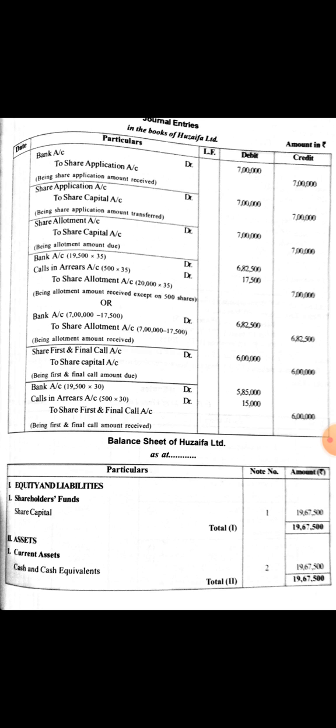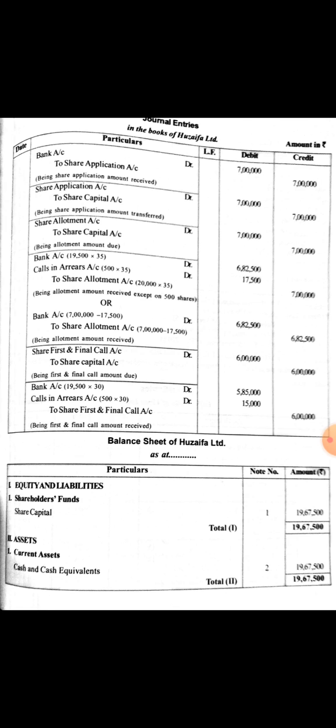That is the unpaid amount on first and final call. Amount receivable per share on first and final call is rupees 30. So unpaid amount is 500 into 30, 15,000.